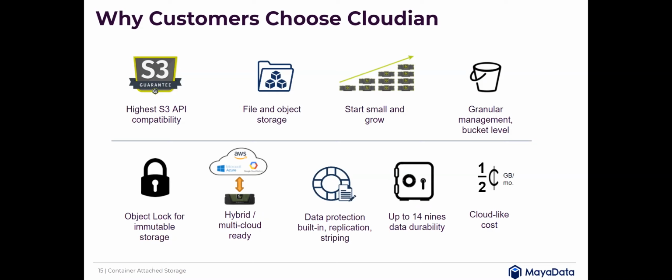This is why customers prefer Cloudian. And this is what makes our partnership with MayaData very unique and very advantageous, because we have the same synergies, right, Murat, where we are trying to meet the requirements of scale applications and different use cases for Kubernetes-based applications.